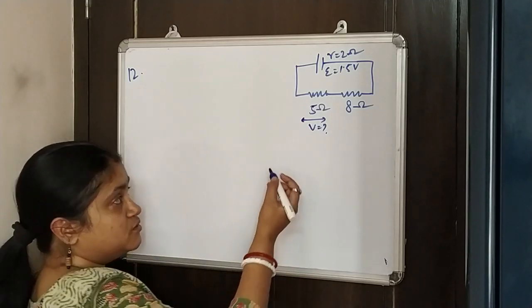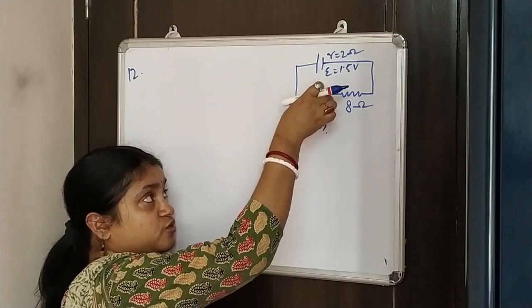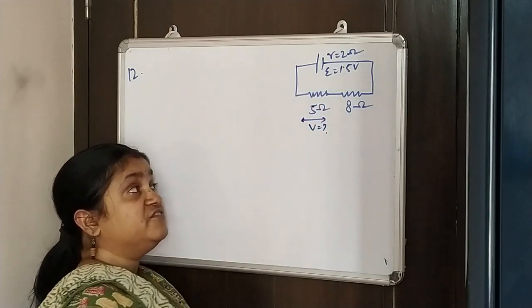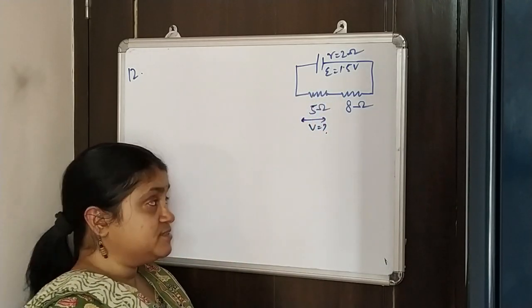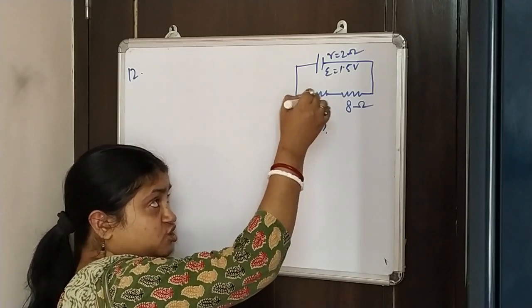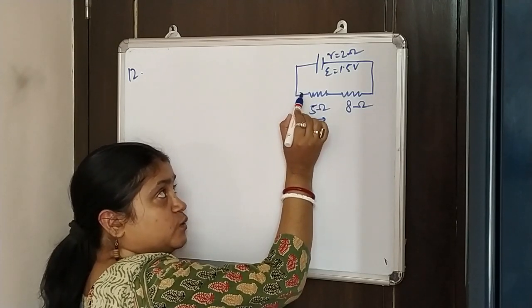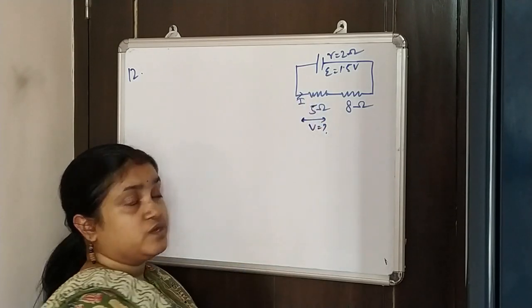So we have to calculate the potential drop across this particular 5 ohm resistance. So if I have to calculate the potential drop, I already know the resistance, but I have to calculate what current is passing through it, right?